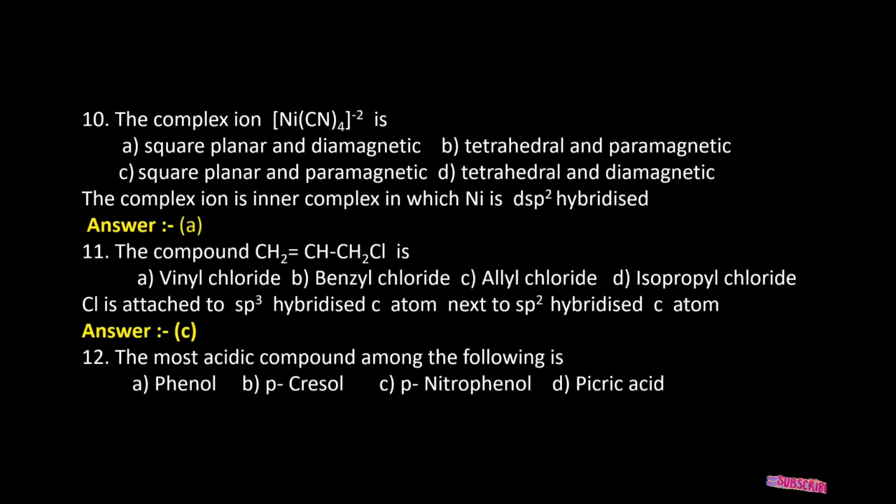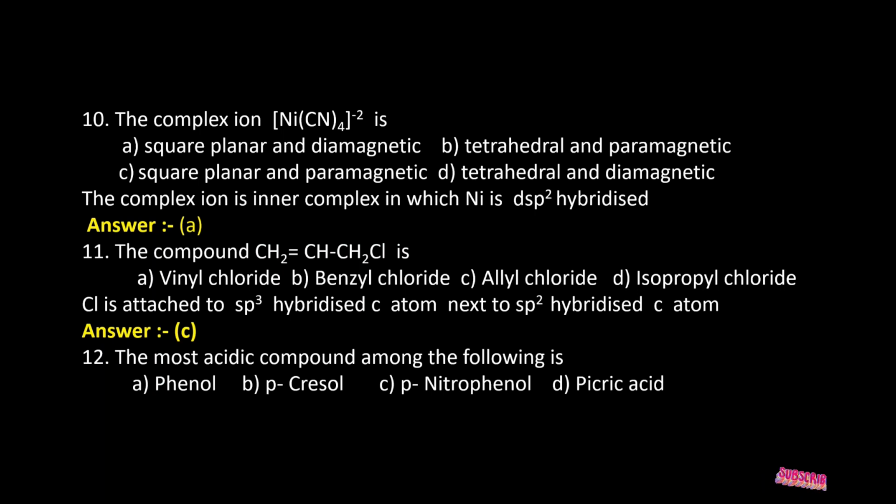Here the most acidic is picric acid, because picric acid contains 3 electron withdrawing groups. So the 3 electron withdrawing groups in picric acid are the nitro groups. As the number of electron withdrawing groups increases, acidity will also increase. So paranitrophenol contains 1 electron withdrawing group, and picric acid contains 3 electron withdrawing groups. So definitely it is more acidic than paranitrophenol.